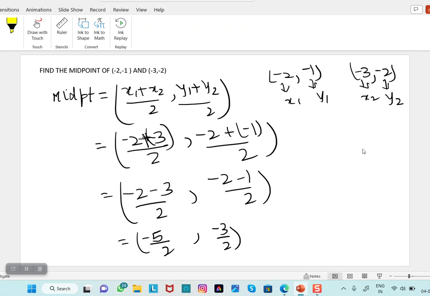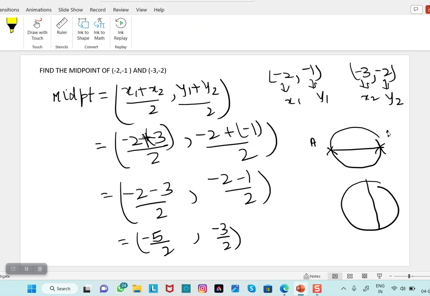This formula is also very useful when a circle is given and you are given the end points of the diameter. Whenever a circle is given, the line that passes through the center is called the diameter. Suppose A is one end point and B is the other end point of a diameter.